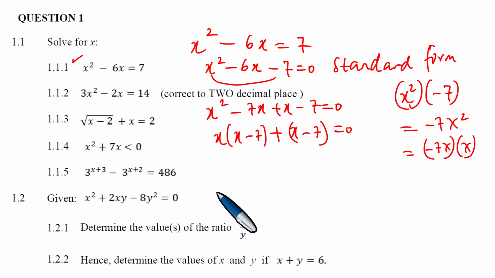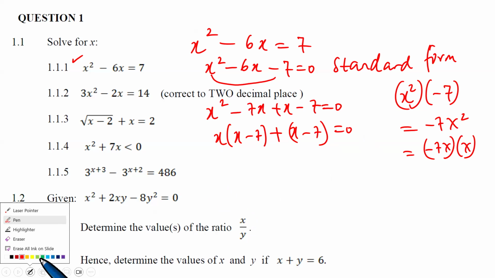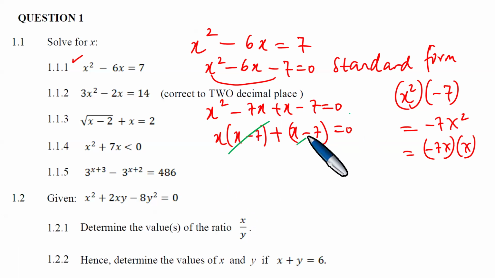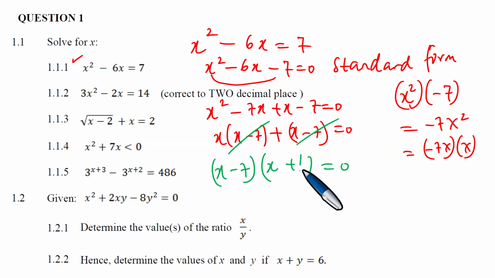Next, what do we do here? We have the same bracket, so we factor out one bracket. We take out the x minus 7, and you can see we're left with only x plus 1. And then x equals 7 or x equals minus 1.